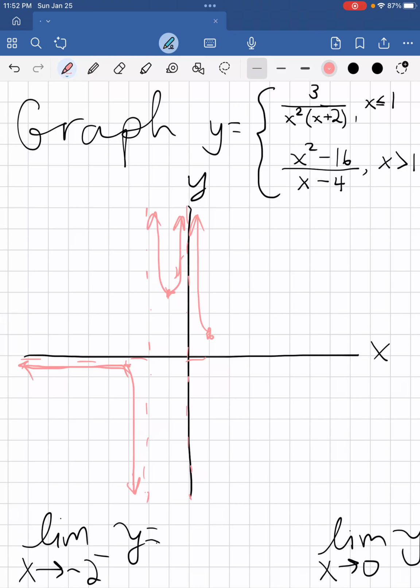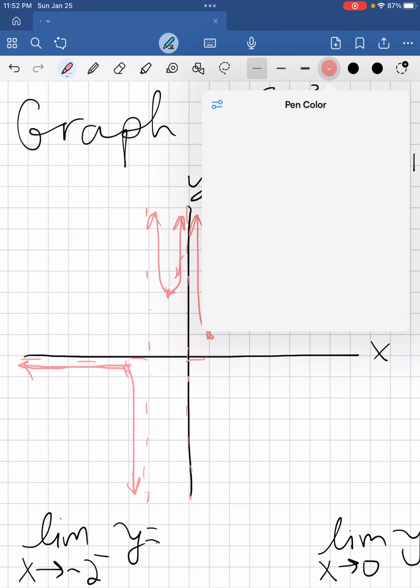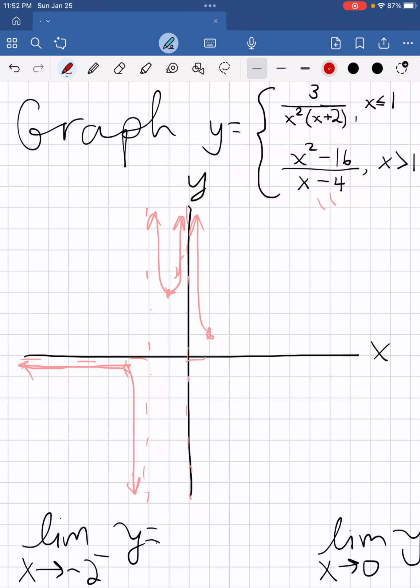Now if I look at the other one, the bottom rule, I notice that I have x squared minus 16 over x minus 4, which is something that can be simplified. So if I were to factor that numerator, I would get x plus 4, x minus 4.